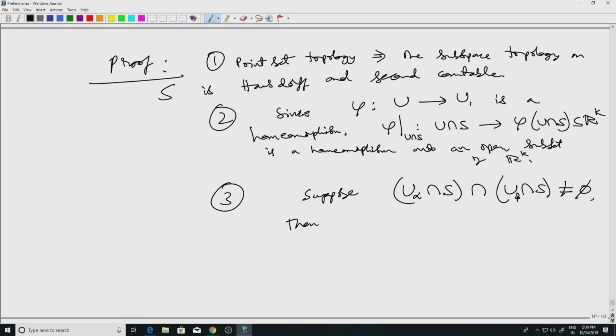Then, of course, we can forget about S and conclude that U alpha intersection U beta is not empty. And let's just look at the bigger chart. So the picture is like this.